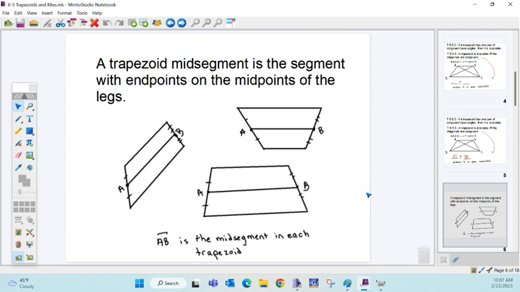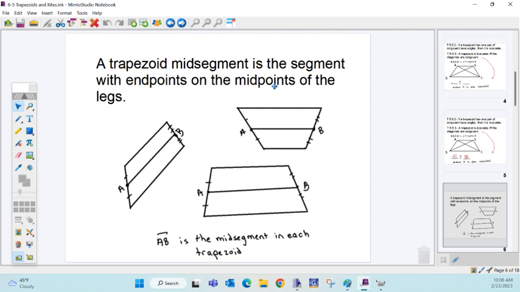So we're just going to hold on these as being traits of a mid-segment for a trapezoid. It can be any trapezoid. It doesn't have to be an isosceles trapezoid this time. As long as it goes from a midpoint to another midpoint, it's called a mid-segment.